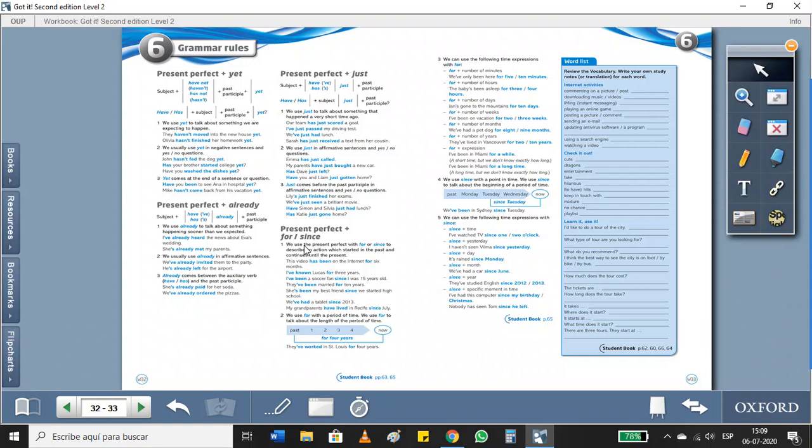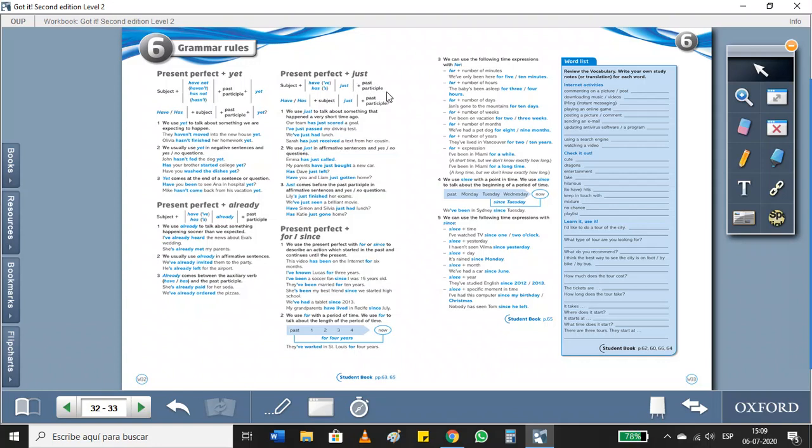Also, in the last class, we studied about just. With just, we're gonna start in the affirmative sentences with subject, then we have or has, then we have just, and past participle.